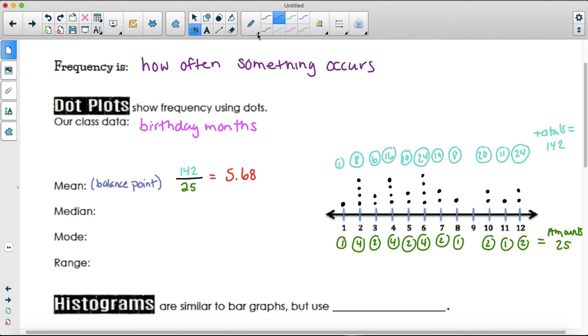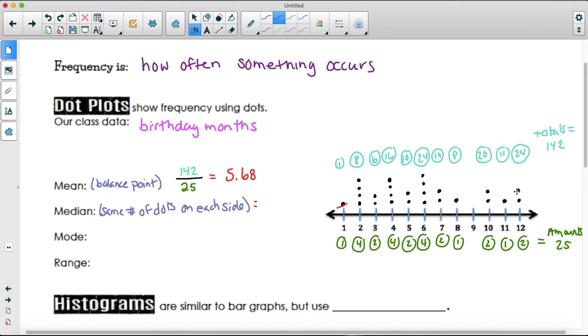The median is when we have the same number of dots on each side. So if we want to find the same number of dots on each side, I can go through and cross out. From the beginning, I will cross out from the bottom. I'm not going to keep it crossed out, but I'm just going to show the math behind it.